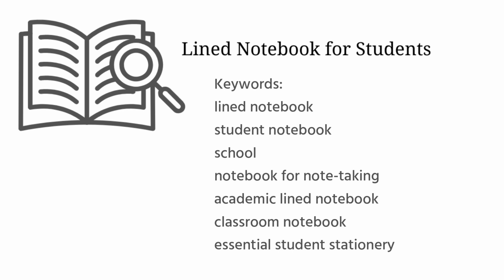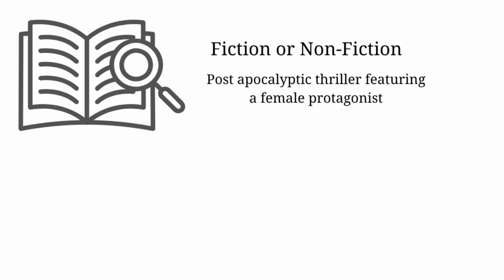And you can see we haven't used any of the other keywords like planner, journal, none of that. We're just very specific and very relevant towards a lined notebook for students. And the same goes for fiction or non-fiction. So let's say you've got a post-apocalyptic thriller featuring a female protagonist.